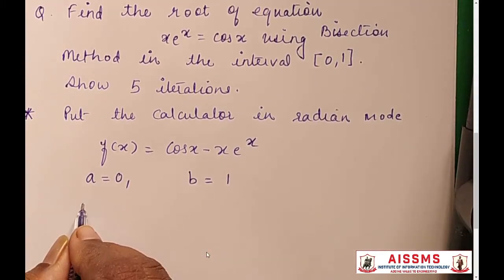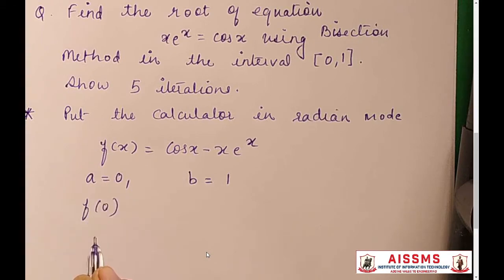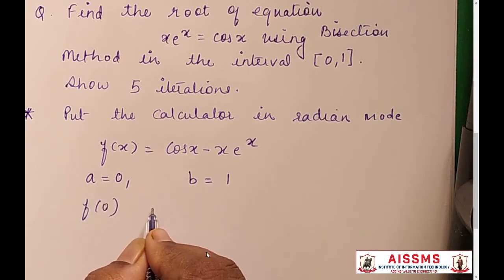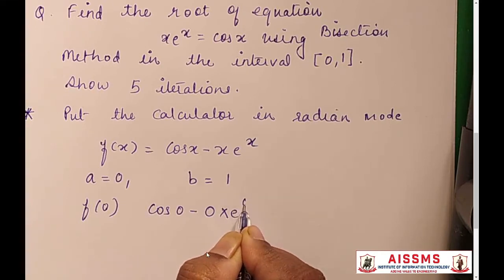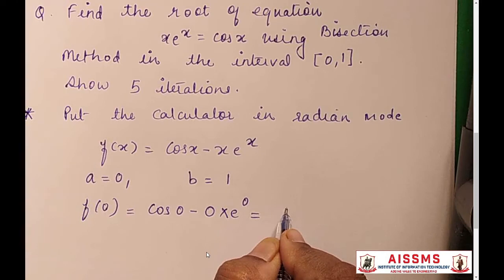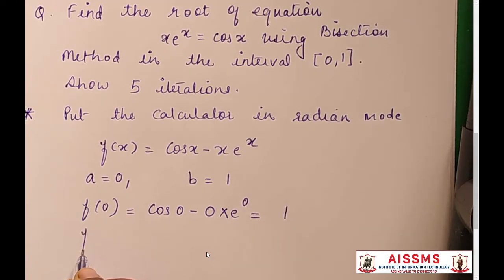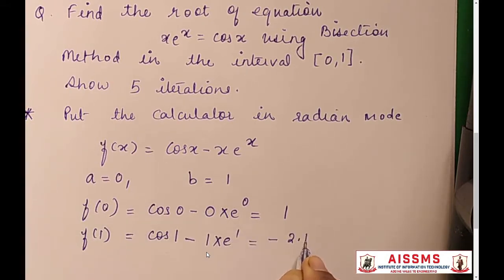Find out f of 0 as cos 0 minus 0 into e raised to 0, which comes out to be 1. Find out f of 1, which is cos of 1 minus 1 into e raised to 1, which is minus 2.177979.